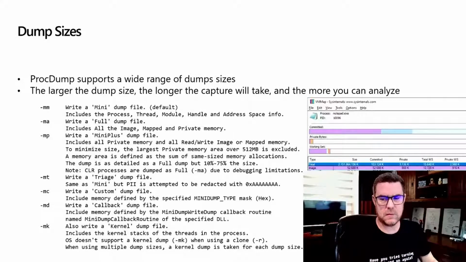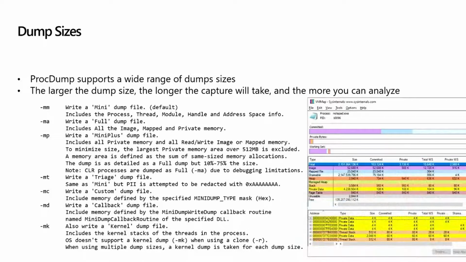The capture of a dump file can be done in various sizes, and the main three are mini, all, and mini plus, which is kind of in the middle. Mini is what Windows error reporting uses. It's the simple, just what's required to understand the situation, but you won't be able to do that deep dive analysis. Mini all is the complete end of the spectrum, it's everything. It's all the memory.